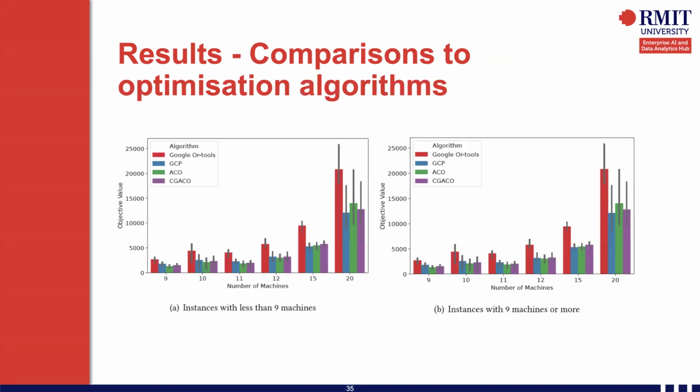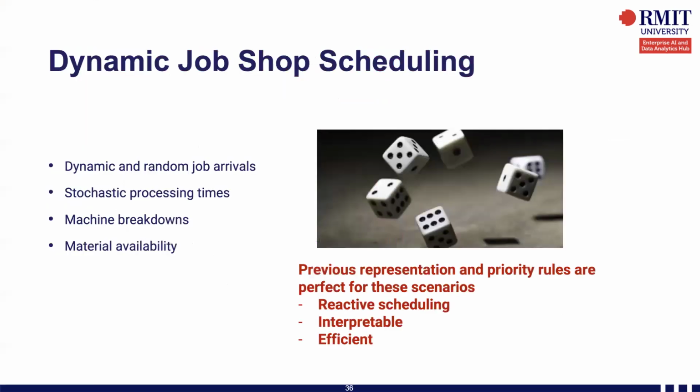We also compare with different algorithms, for example ACOs or matheuristics like column generation plus ACOs. We see that our proposed method can work well, especially when the problem size increases.